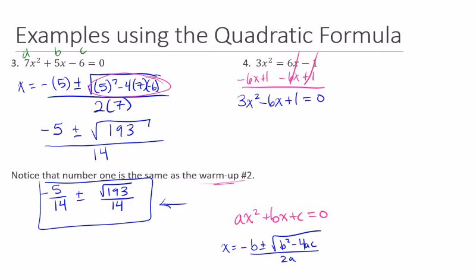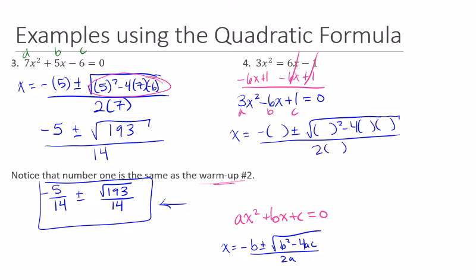All right, so now I can see that a is 3, b is -6, and c is 1. So now I'm ready to plug it in. So x equals negative b plus or minus square root b squared minus 4 times a times c all over 2a, right? So a is 3, so a goes after the 4 and underneath. B goes in the front 2 spots.